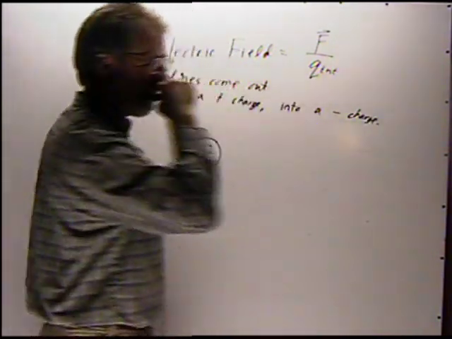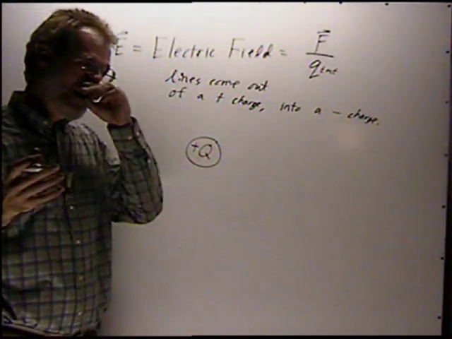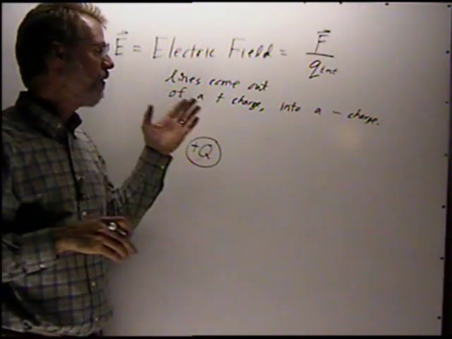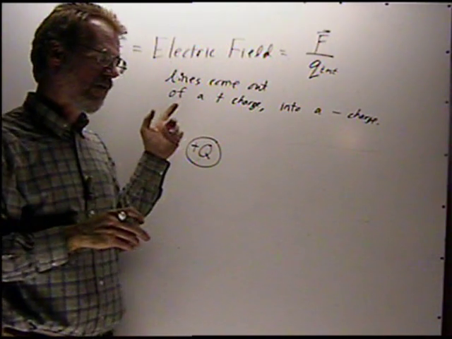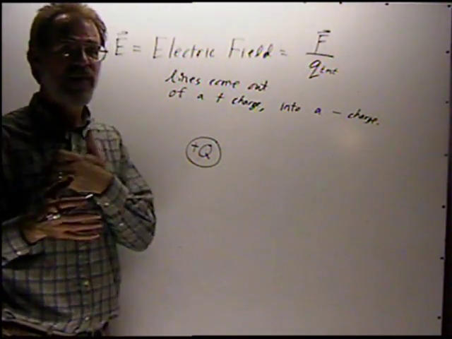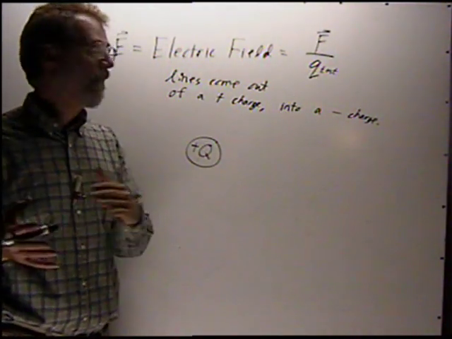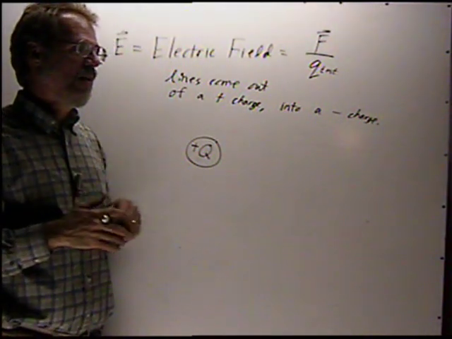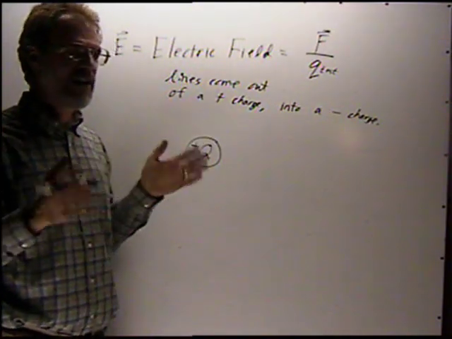And this is purely by convention. This really goes all the way back to people like Benjamin Franklin in the 1700s, who started experimenting. They knew there were two kinds of charges. They had to call them something, so they called them plus charge and minus charge. They knew there was this idea of an electric field, and they had to come up with a convention.